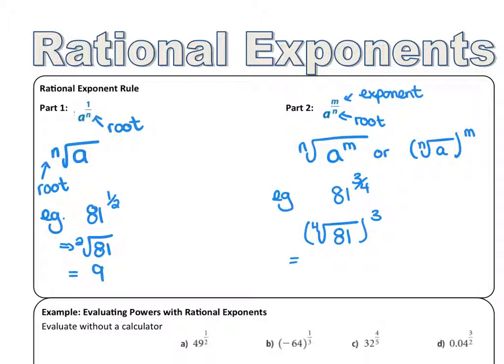So if we do the 4th root of 81, this is actually 3 to the 3, and 3 to the 3 is 27. So the top number of the rational exponent is the exponent part, and the bottom is the root part. Let's do a couple different examples.